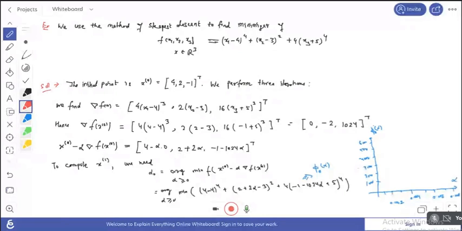The curve moves through this manner, and at this minimum point the alpha value is approximately 3.967, to three decimal places, times 10 to the power minus 3.